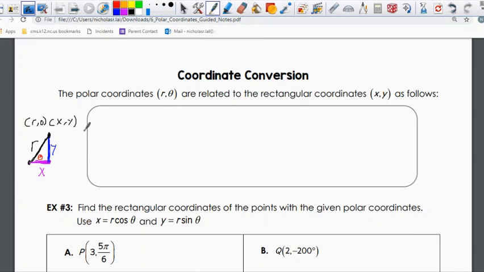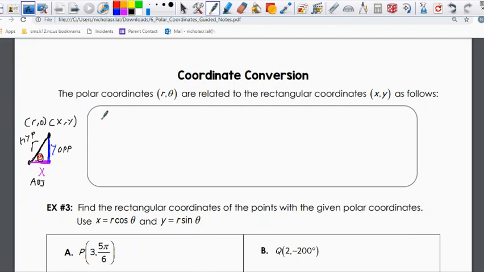So let's look at what we can convert here. We know that for this angle right here, x is the adjacent side of this right triangle, y is the opposite side of this right triangle, and our distance from the origin to the point is the hypotenuse of this right triangle.